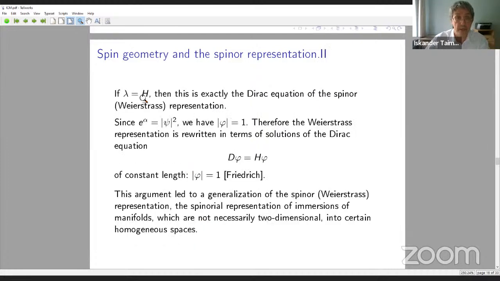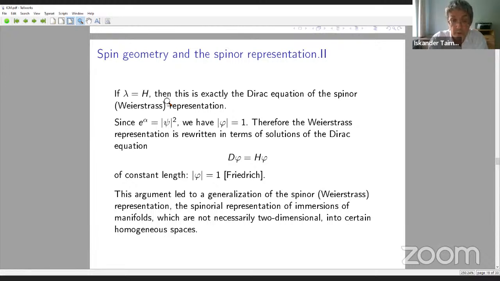The other way around, if λ is equal to H, then this is exactly the Dirac equation of the spinor Weierstrass representation. Since e^{α} is the squared norm of ψ, we have the norm of φ equal to 1, and therefore the Weierstrass representation is written in terms of solutions of the Dirac equation Dφ = Hφ of constant length 1. That was done by Friedrich.